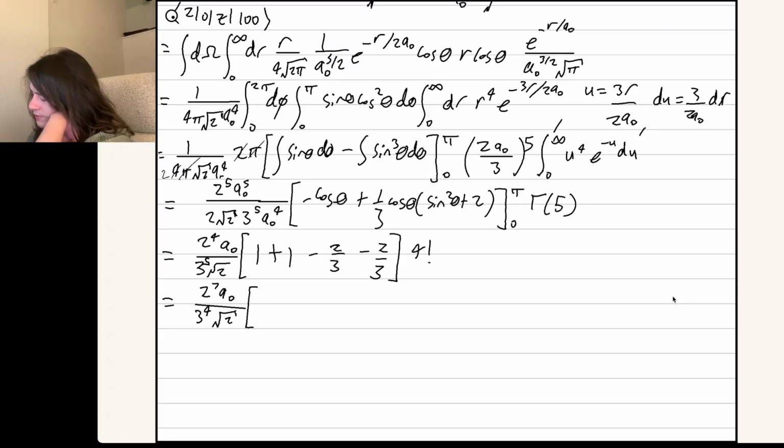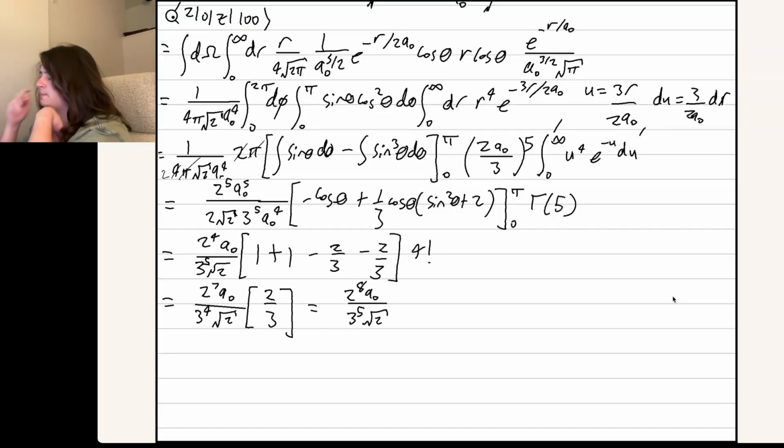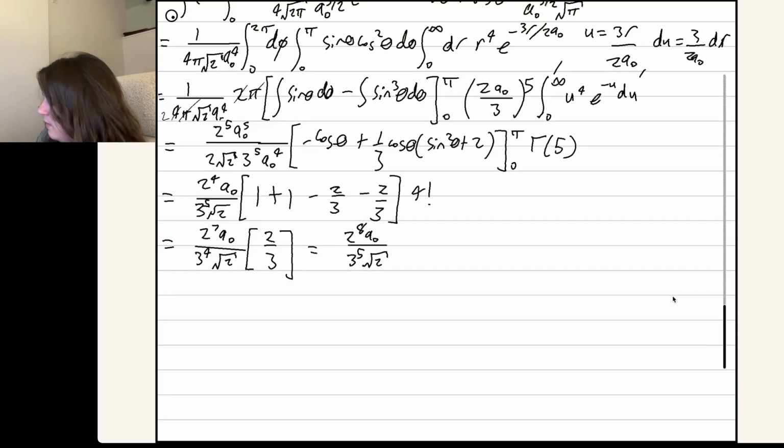And then this is just 2/3 in there. So actually we'll have 2 to the 8th a naught over 3 to the 5 root 2. That's it.